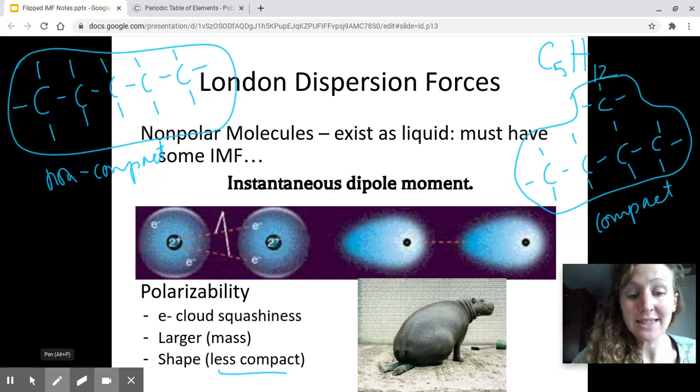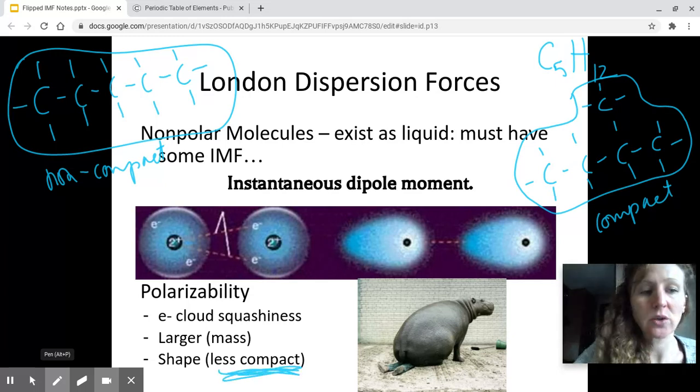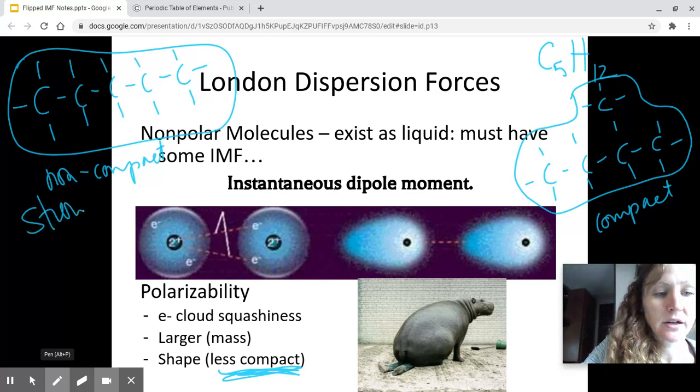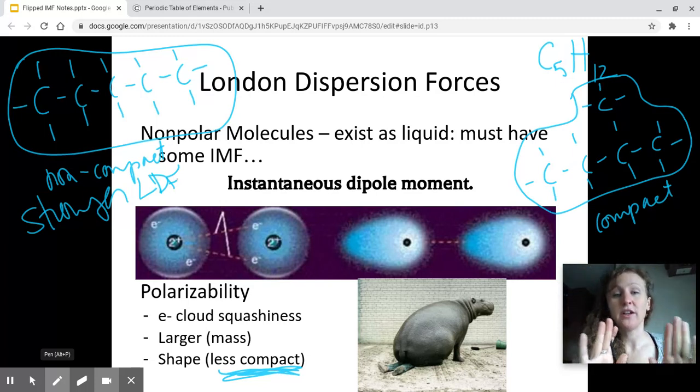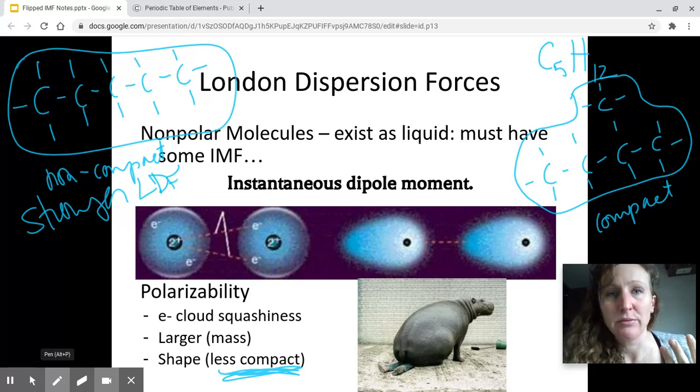So the one that is less compact is going to have stronger London dispersion forces. So again, if you are comparing two molecules and you're trying to figure out the difference in their property, why do they have different melting points? Why do they have different boiling points? Why do they have different states of matter at STP? Their shape could impact that.